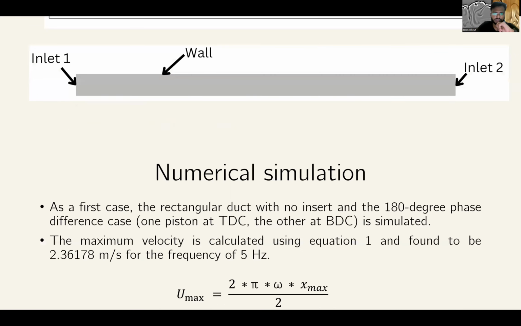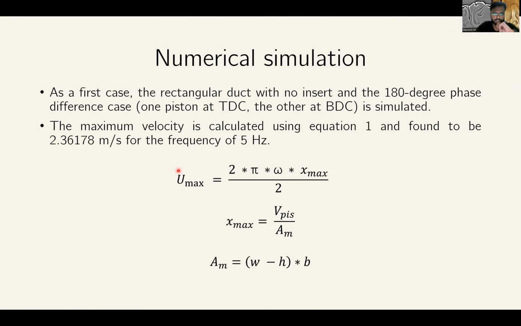For numerical analysis, I calculated the maximum velocity and the area from the paper. The frequency I chose is 5 Hz, and the maximum velocity from the calculation is 2.361 meters per second. The configuration I chose is a 180-degree phase difference, which means both pistons are moving in the same direction.